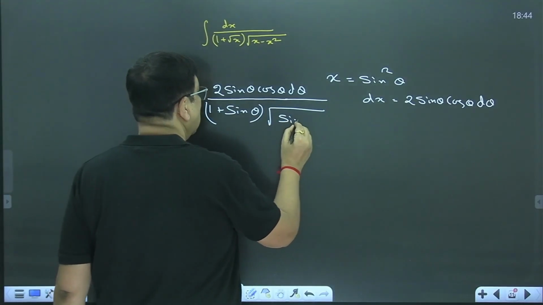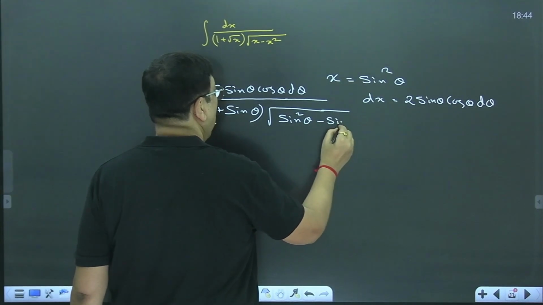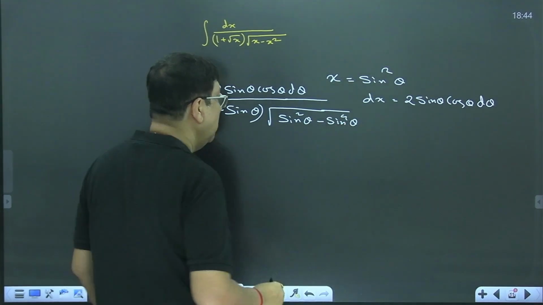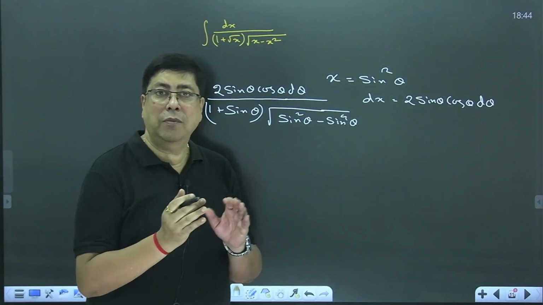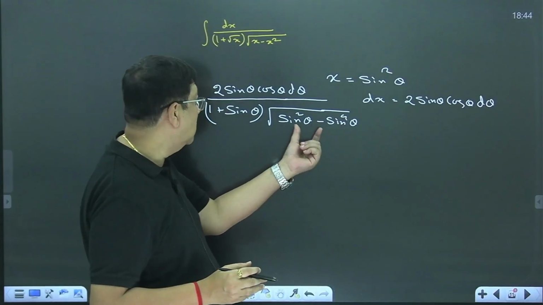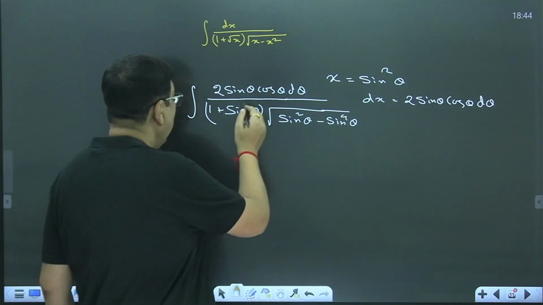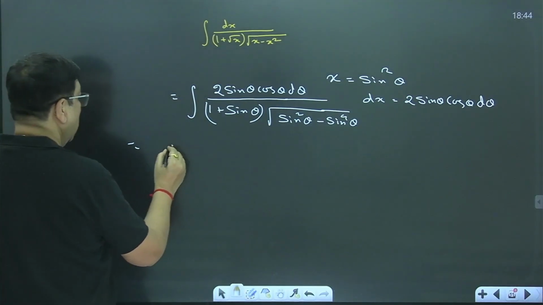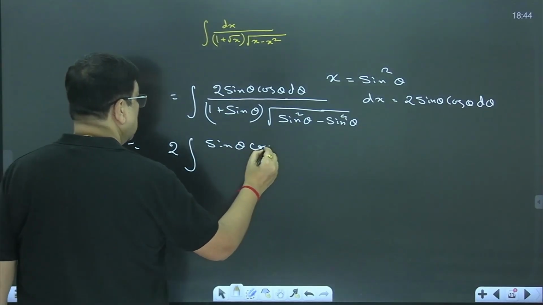Once again I am writing this sine square theta minus sine to the power 4 theta. What I want to tell you is that if we take sine square theta common, so 1 minus sine square theta is cos square theta, and from the root over it is coming sine theta cos theta, right, and it is getting cancelled. So I am writing here 2, so sine theta cos theta.